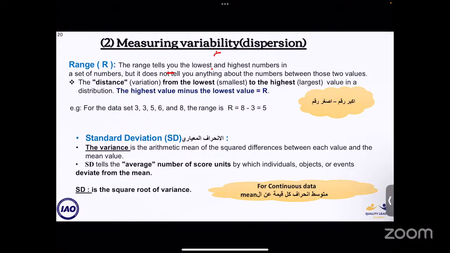The range is the distance from the smallest to the largest value in the distribution. The formula is R equals highest value minus lowest value.